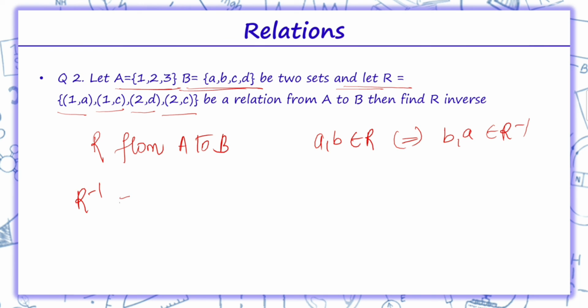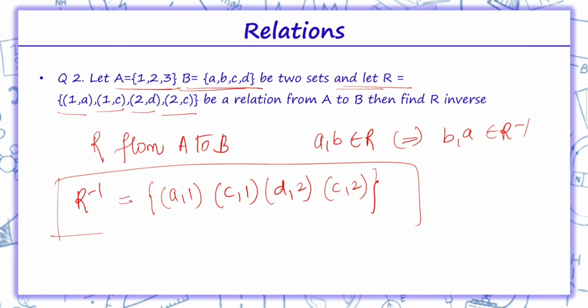So R inverse over here will be a1, c1, d2, c2. So in R inverse, the first component becomes the second and the second component becomes the first.